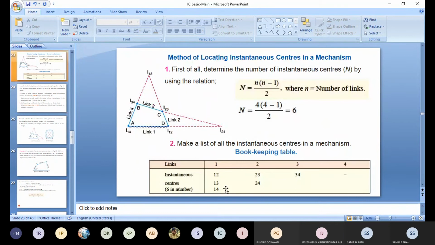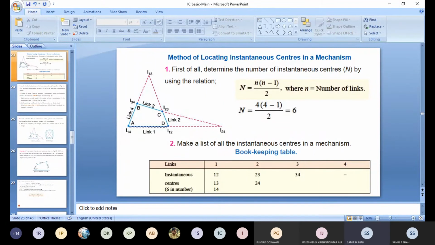Now, starting with 1, we have I12, I13 and I14. If I start from 2, then I23 and I24.